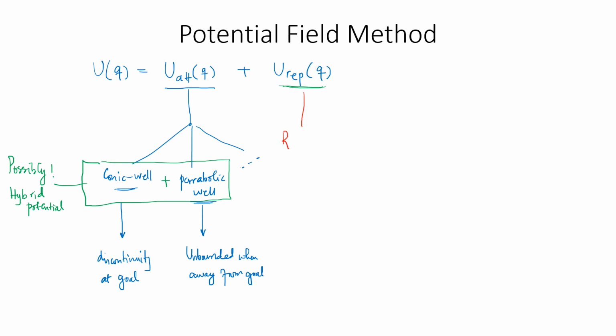So radius or region of influence for each obstacle is what we need to define, and that was defined like a rho. And then we found out one case structure which says that when something is away from that region of influence, you are going to have the repulsive potential to be equal to 0.